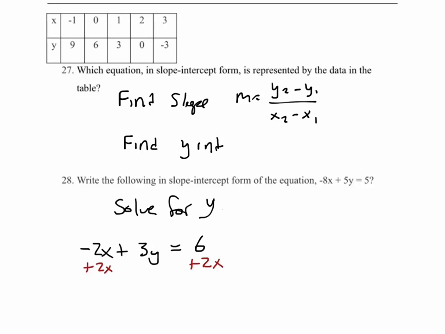And we have 3y equals 6 plus 2x. And then I'm going to divide everything by 3. So y equals 2/3 x plus 2. I switched the order so it's in slope-intercept form.